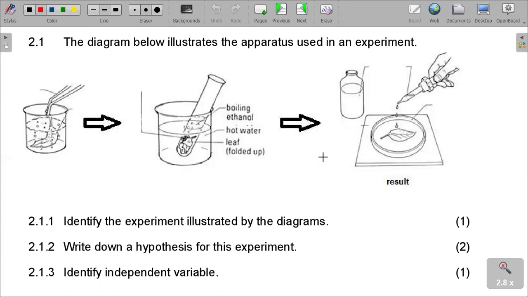The first question is: identify the experiment illustrated by the diagram above. It is to determine if a green leaf will produce starch during photosynthesis. That is question 2.1.1.